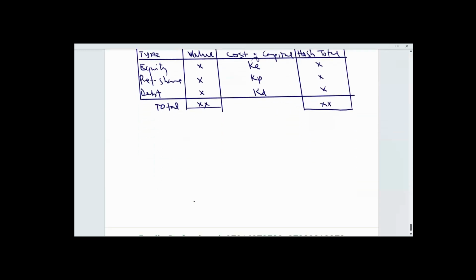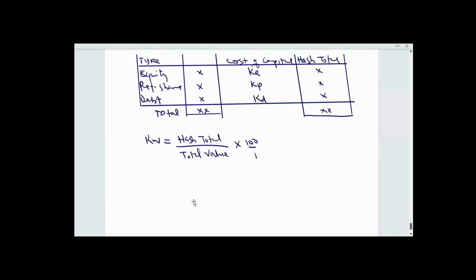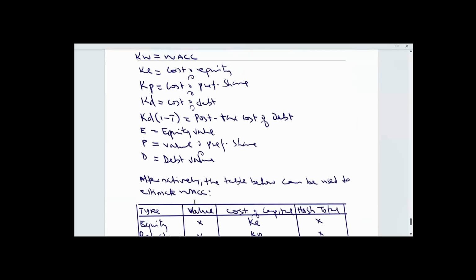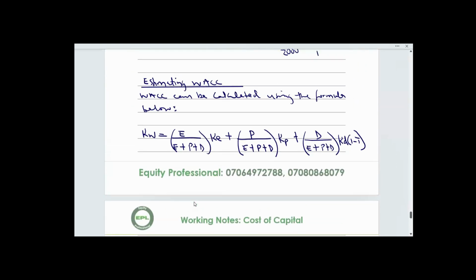So WACC, denoted as KW, will then be equal to sigma total over total value multiplied by 100 over 1. Whether you use the formula or this table, you must get the same answer. However, you have to get used to the formula, particularly when you get to project specific, as it is the formula you are going to be using in most cases.